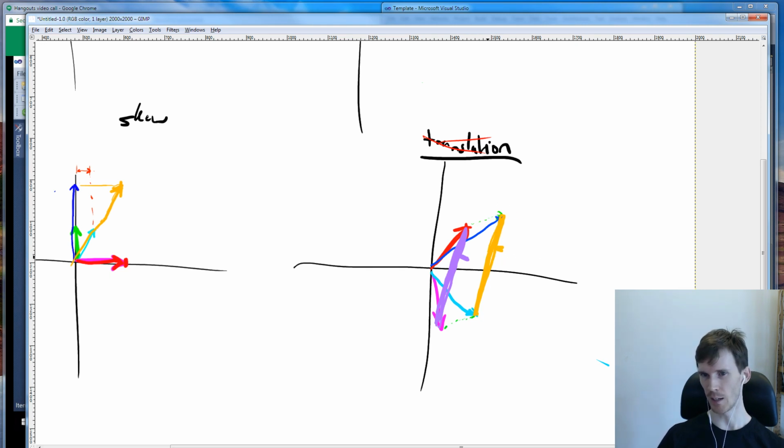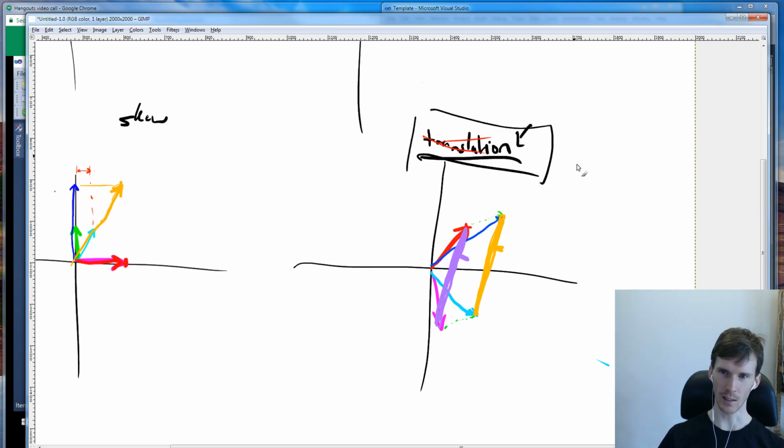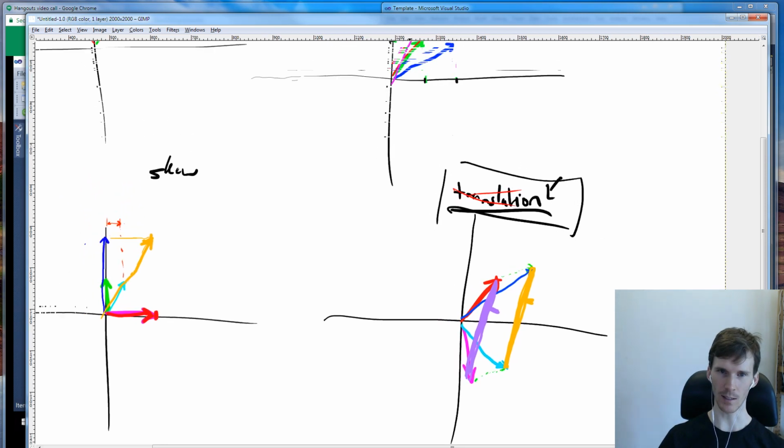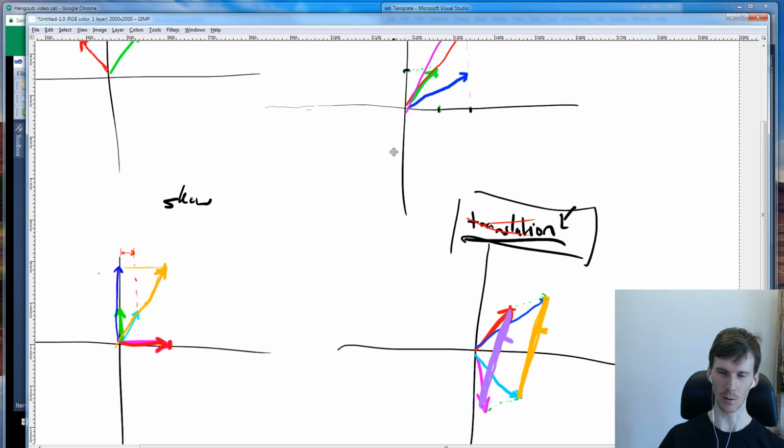Mm-hmm. And so you can treat this as a matrix, but this one is actually a bit more complicated. So we'll get into that after we do these other ones.